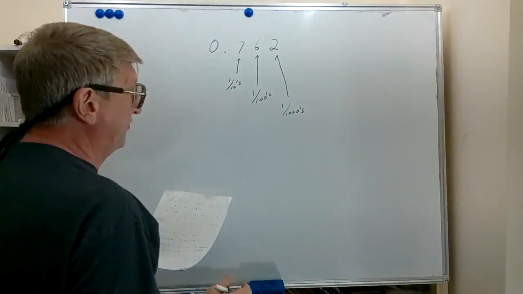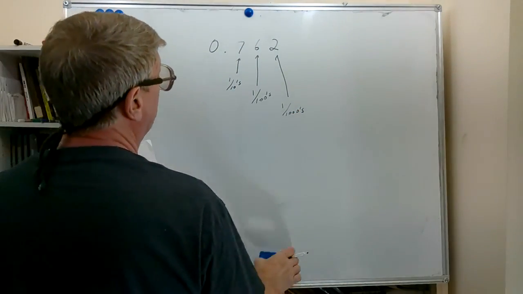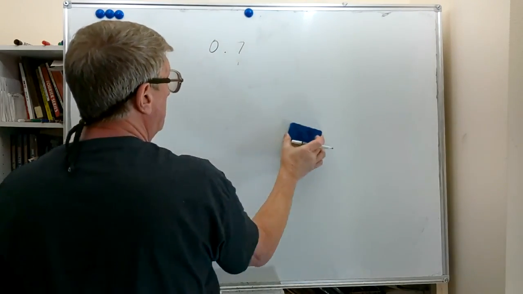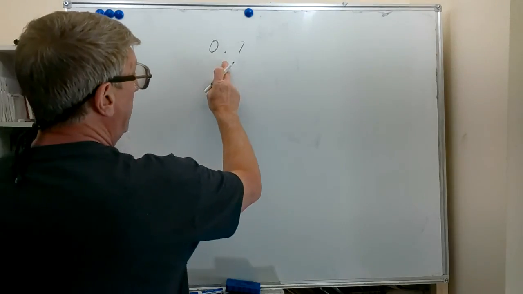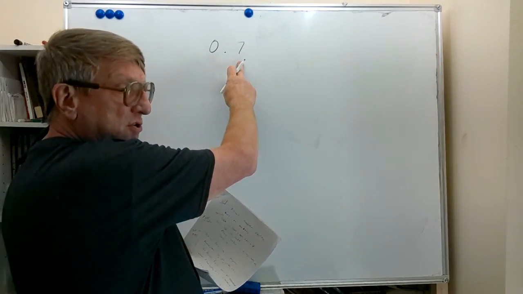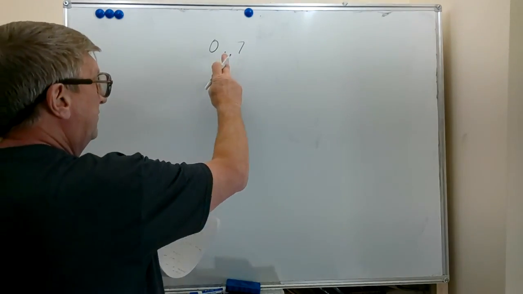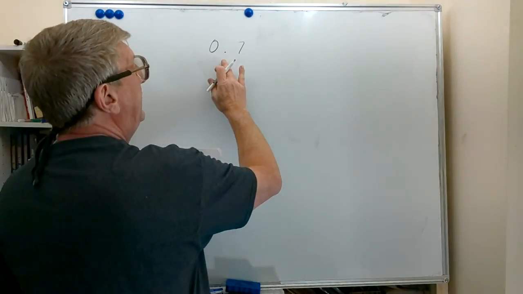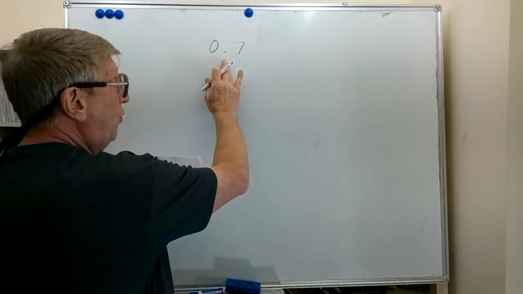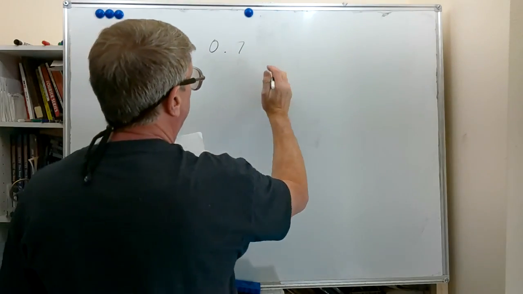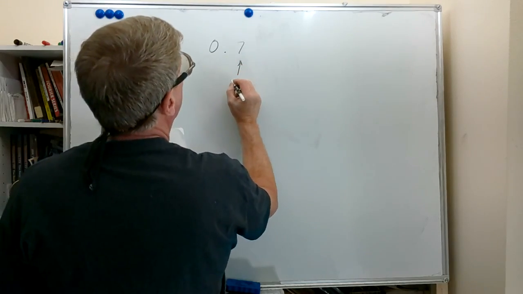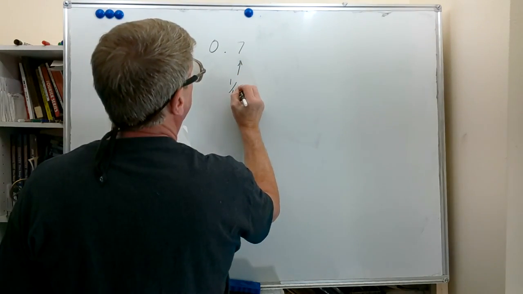And we're going to analyze this in a little bit more detail. We're going to start with if we have just 0.7, we have one number to the right of the decimal place, and for the fractional portion, we evaluate our placeholder values moving from right to left. Well, we said that this was the 1/10ths place.